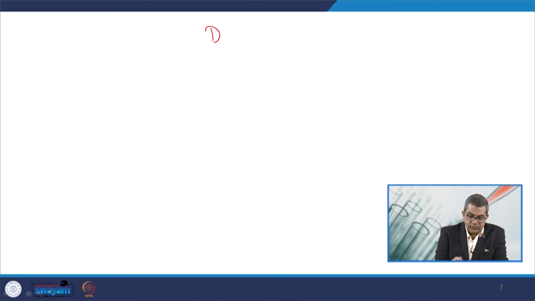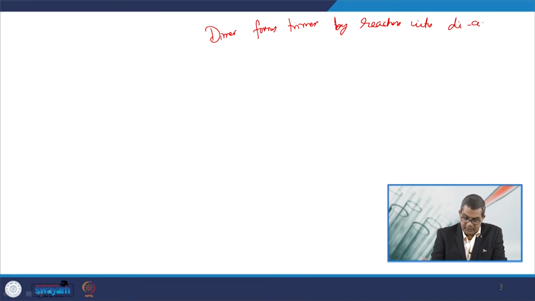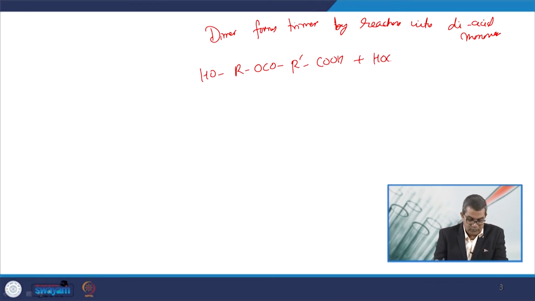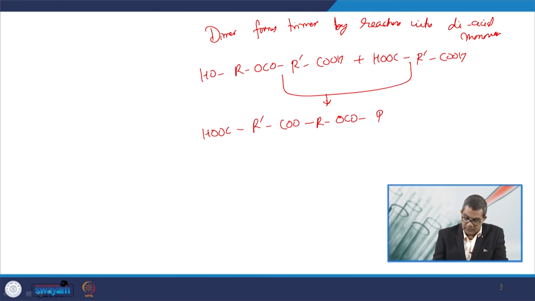Now, this dimer forms a trimer by reaction with a diacid monomer, that is HO-R-OCO-R'-COOH plus HOOC-R'-COOH, giving the trimer plus H2O.